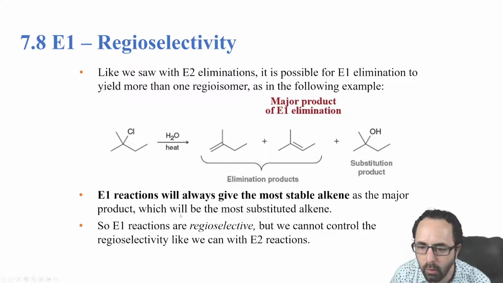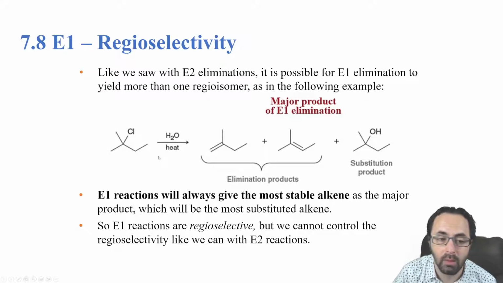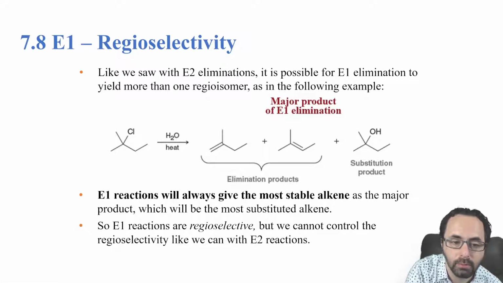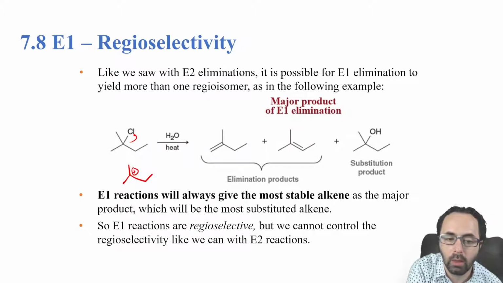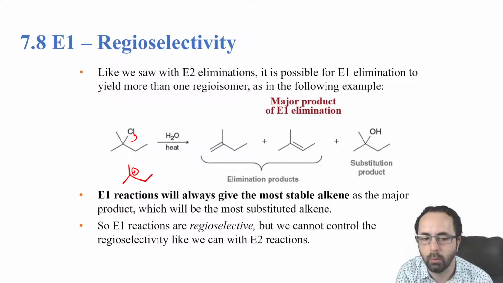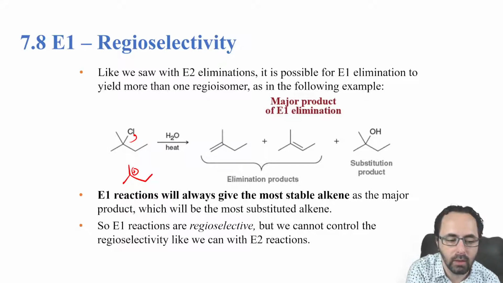When it comes to the E1 mechanism, there's not going to be a stereoselectivity like there was in E2, because remember, this proceeds in 2 steps. We're going to have the loss of the leaving group first, and we'll have a tertiary carbocation, and then the base will come. The base here is water.